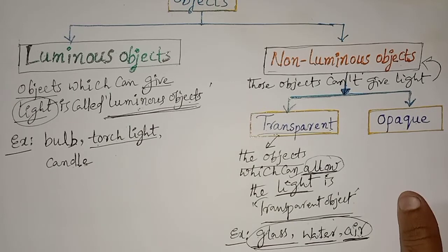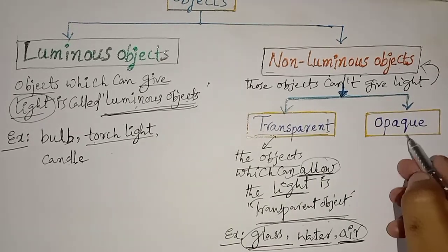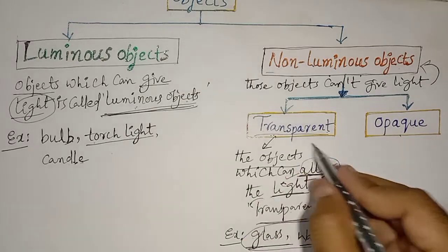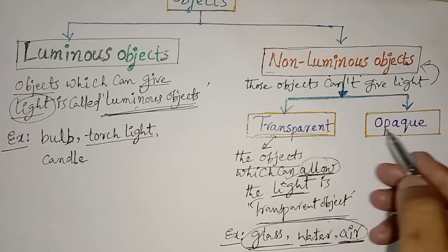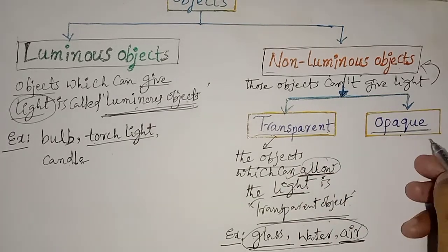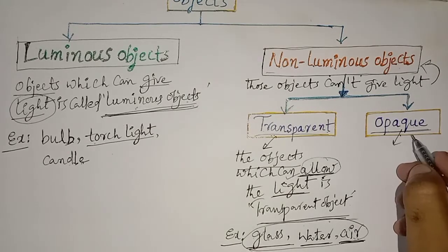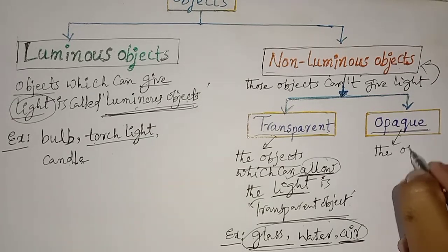Now let us discuss the second type. What are opaque objects? The opposite property of transparent is opaque. So let us discuss the opaque objects. Remember, note down this definition.